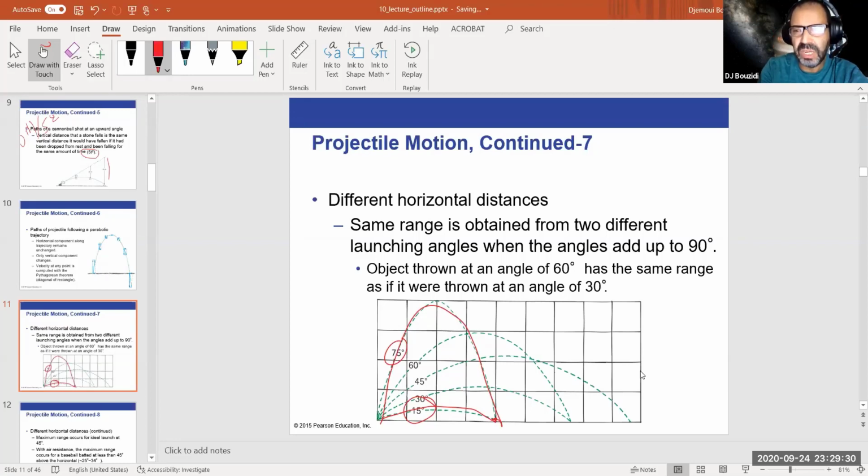Whereas the 75 degrees will have a much higher height than that of the 15 degrees. I'm sorry, the velocity is the same. What am I talking about? That's nonsense, okay? But at the end of the day, the time of flight will be much higher than this one because it stays longer in the sky, okay? It goes with a lot of hoopla, but at the end, it ends up at the same point.